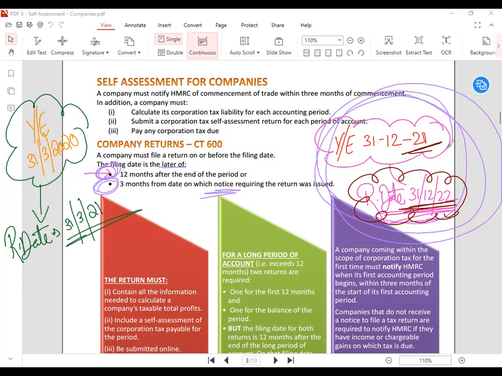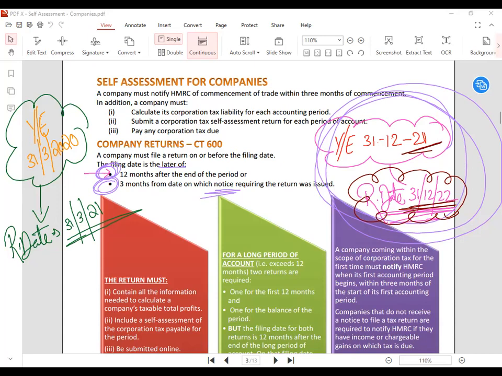So the return date by default is the same date, same month next year, or if the government sends you a notice, after the issuance date of the notice you have only 3 months to submit the return. If you do not file your returns on time, you are definitely going to get penalties, fines and interest. Any problem?